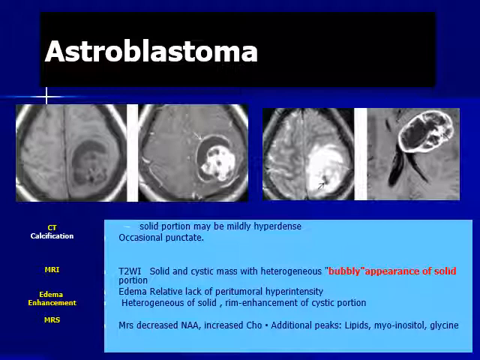The solid portion may be mildly hyperdense on CT, and we can see punctate calcification, and the solid component shows the bubbly appearance in T2. Edema is usually minimal or absent. Enhancement is heterogeneous, in addition to enhancement of the cyst wall. This is a rare tumor called astroblastoma.